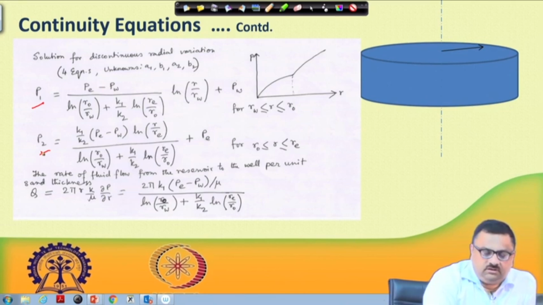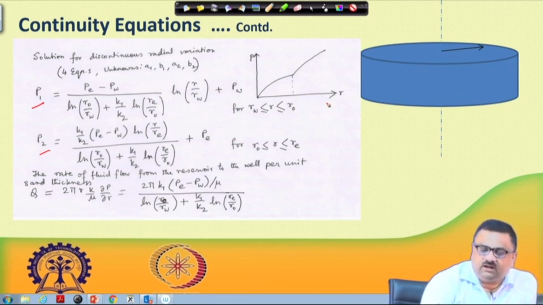Now, if you try to plot these equations, P as a function of r, and this is the point where r is equal to r0.